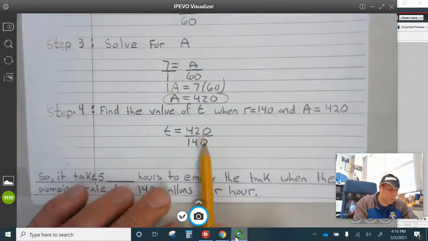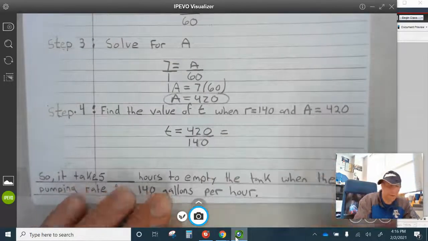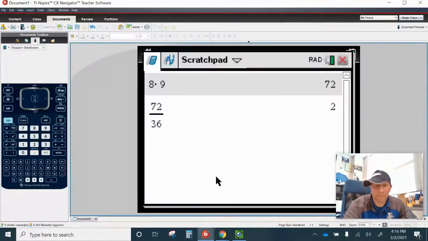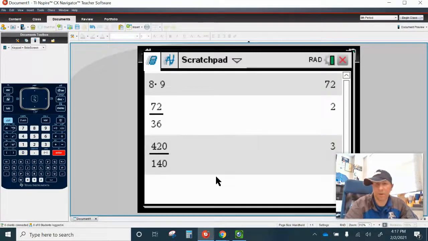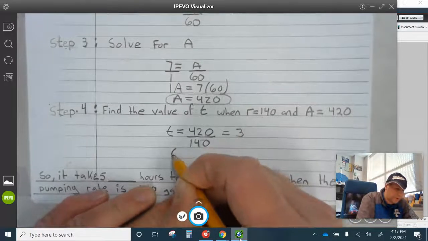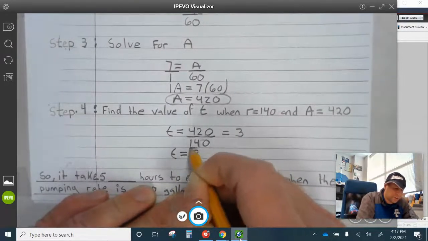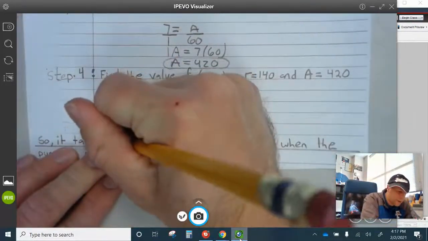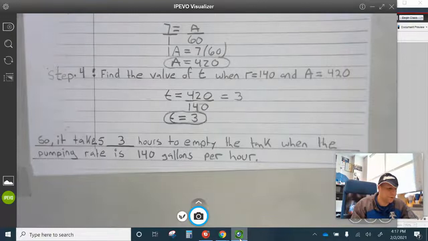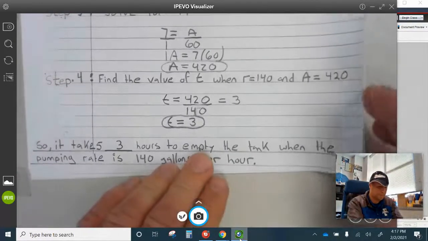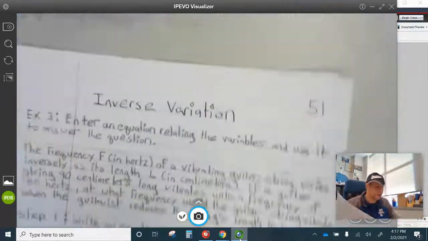So now 420 divided by 140 is 3. So t equals 3. So it takes 3 hours to empty the tank when the pumping rate is 140 gallons per hour. All right, go ahead and finish up example 2. All right, let's take a look at example 3.